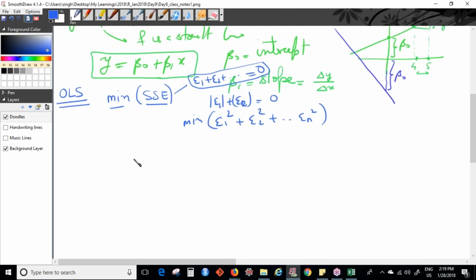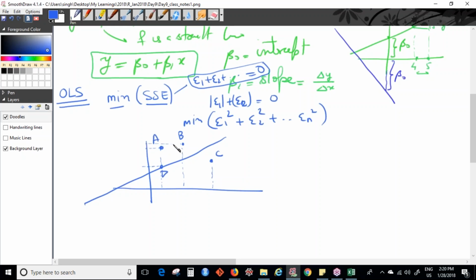And what is error? For one single point, let's say this is your line and these are your actual points A, B, C, D. These are the x values, and these are the y values corresponding to these points.